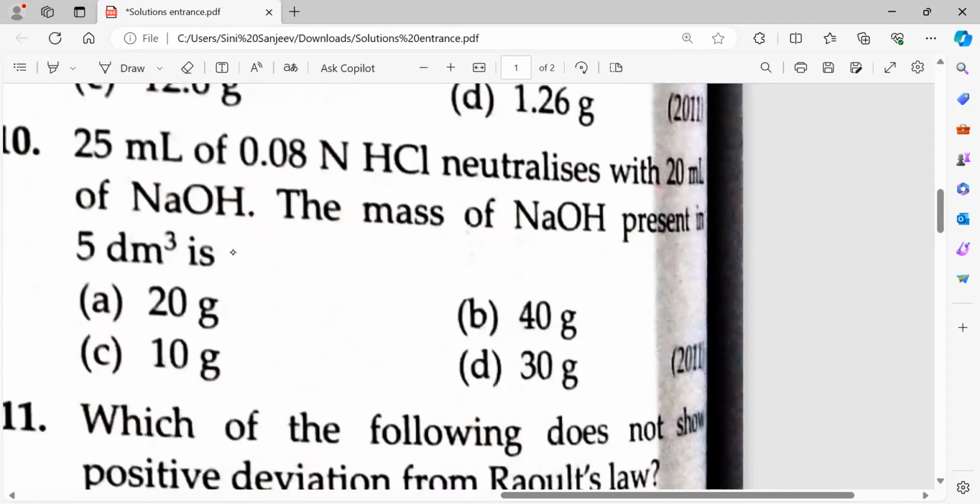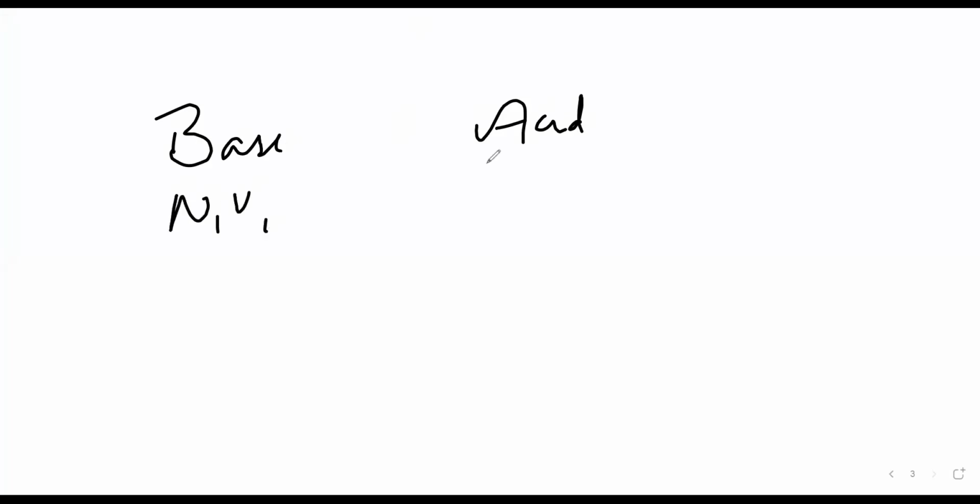Okay. So this is all about neutralization. What is the key concept here? The base and the acid. If I take the base, I'm taking it as N1V1. Acid, I can take it as N2V2.